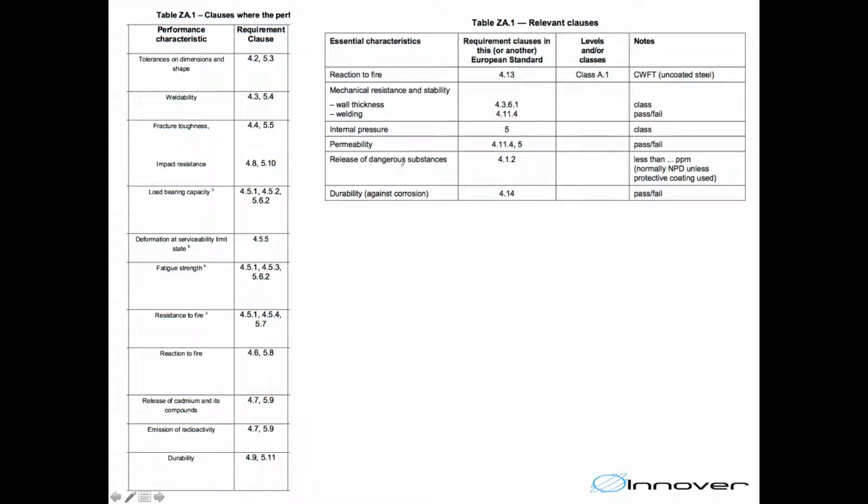So you can decide to declare all of these characteristics, or you can just decide to declare one of them, or you can decide to declare 2, 3, 4, or 5 of them. But the thing is to just remember that you can decide how many characteristics you are going to declare and which of the characteristics you are going to leave out.